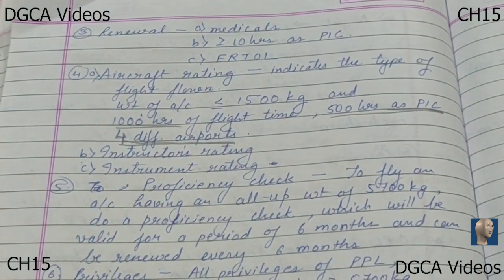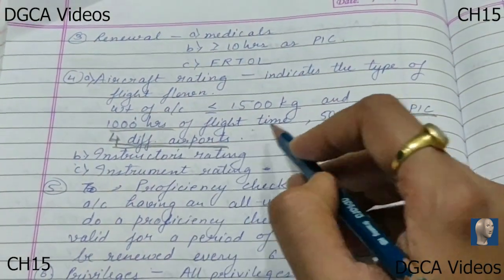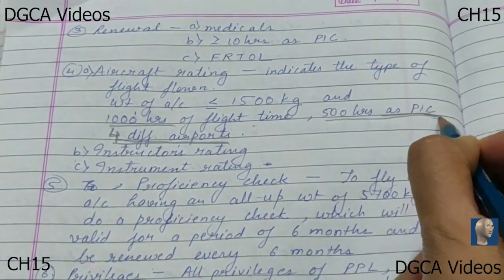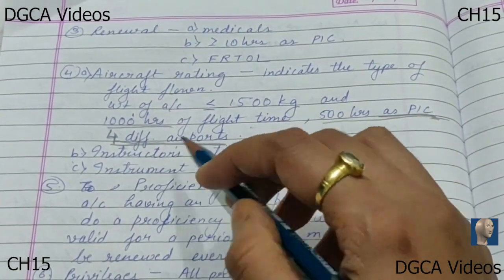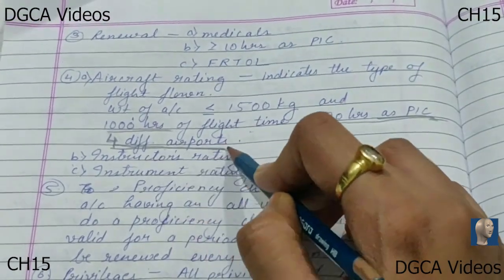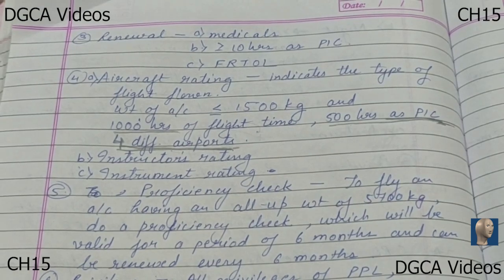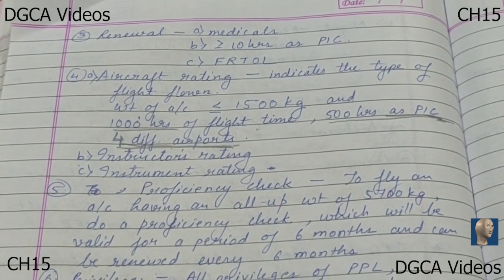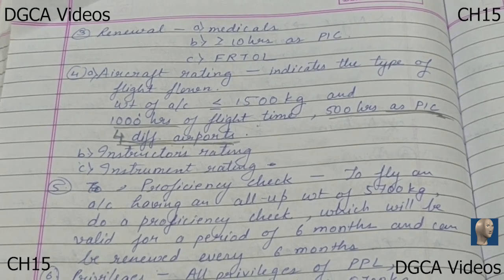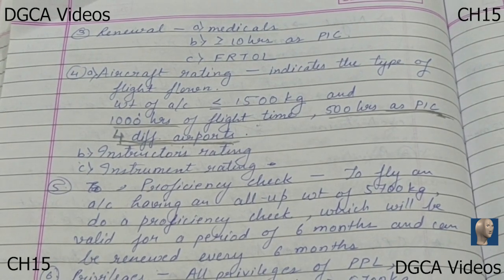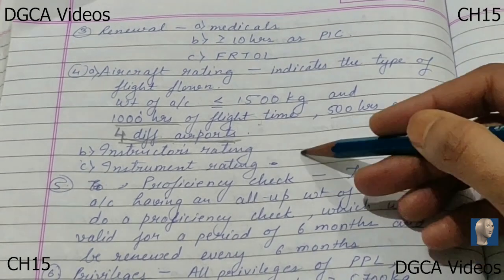So for aircraft rating, 1000 hours of flying time, 500 hours as a PIC, pilot in command, and experience of flying at 4 different airports. And if you're flying with a co-pilot, then 50% of your flying experience is credited, not the whole thing, right? This we already discussed.